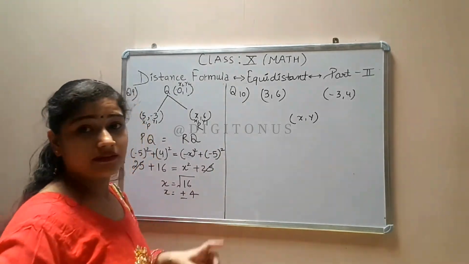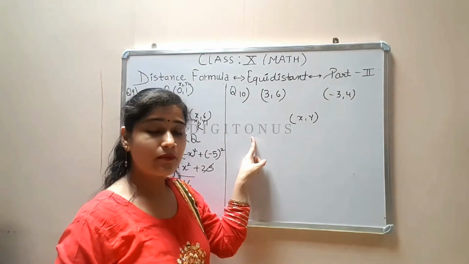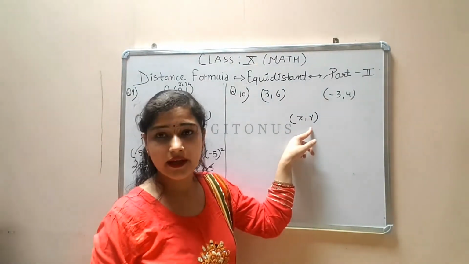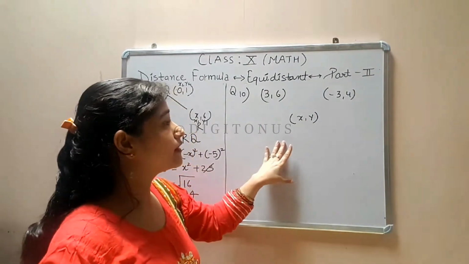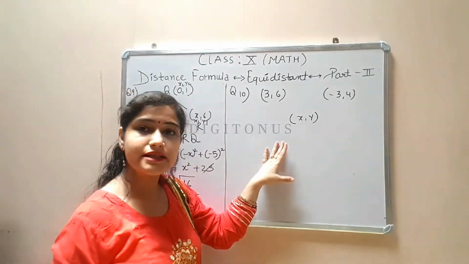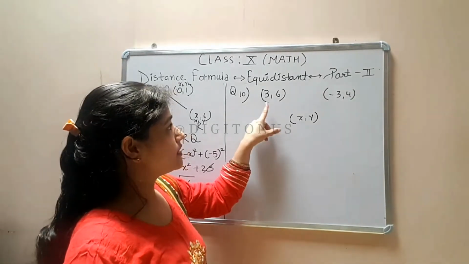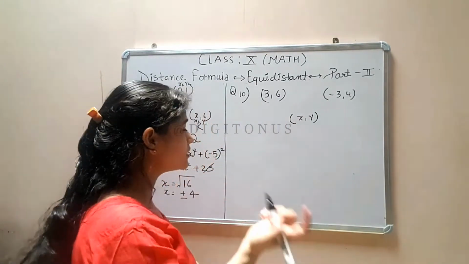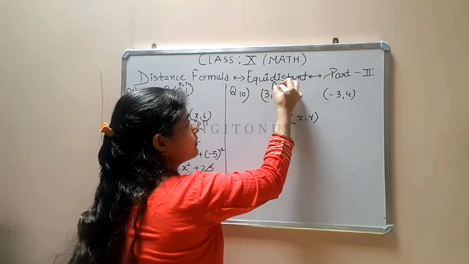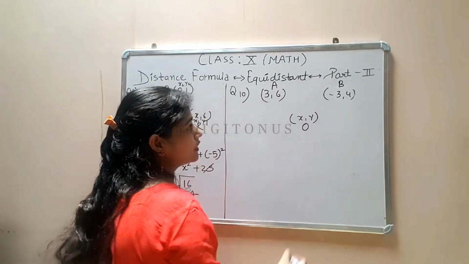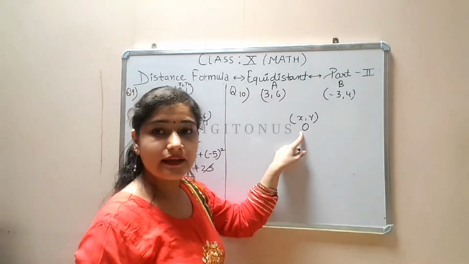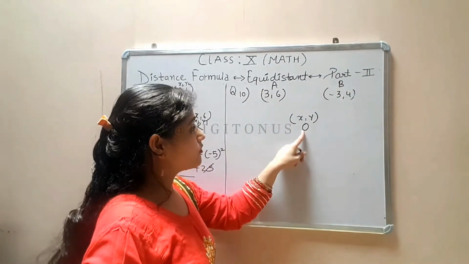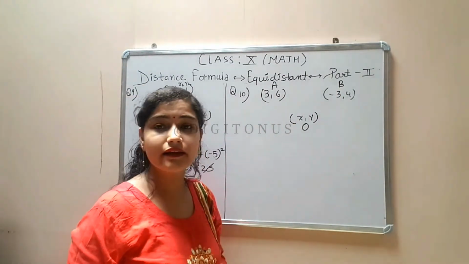Now question number 10. This type of question, students, is also very important. I was just telling you that two coordinate values we cannot find out. So in this question, read it carefully. They are already saying that a point is equidistant from these two coordinate points. So first let's give the names A, B and O. They are saying that O is at equal distance from points A and B, and the coordinates are given as x and y.